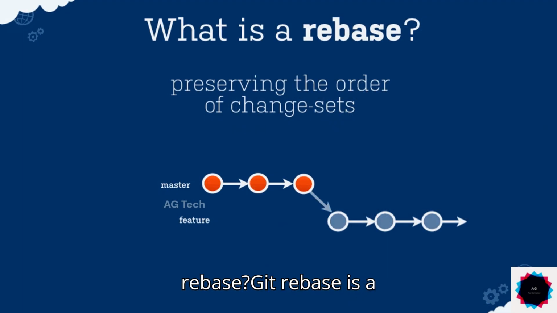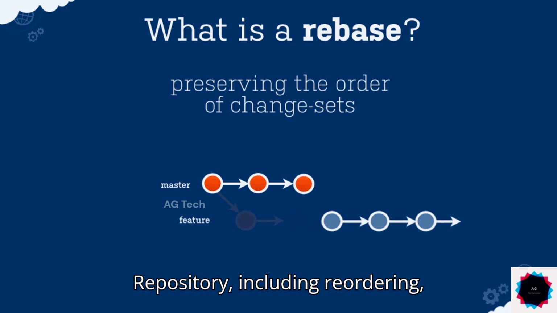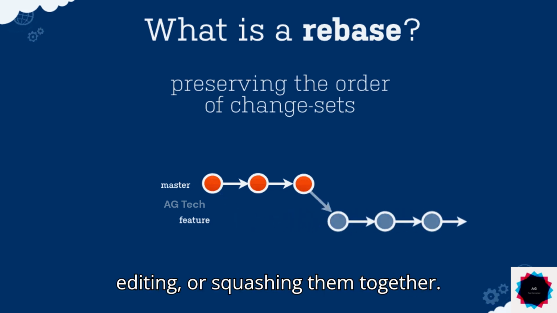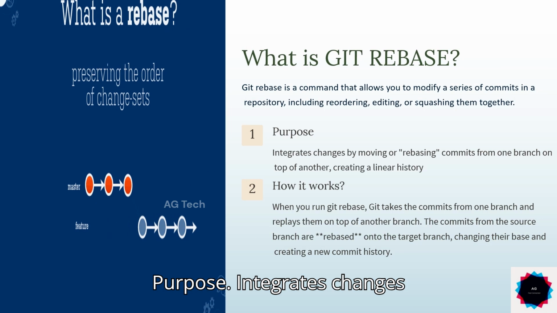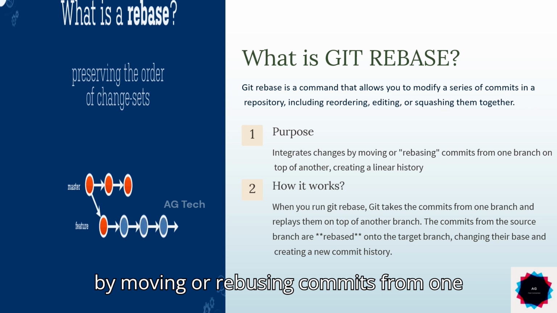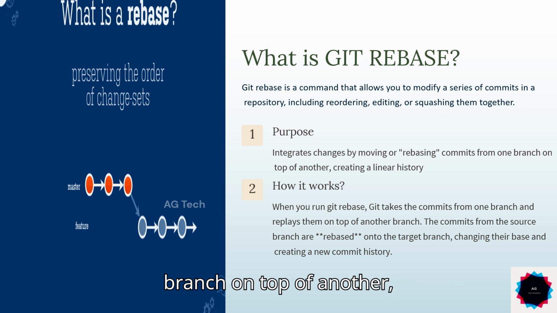What is git rebase? Git rebase is a command that allows you to modify a series of commits in a repository, including reordering, editing, or squashing them together. Purpose: integrates changes by moving or rebasing commits from one branch on top of another, creating a linear history.